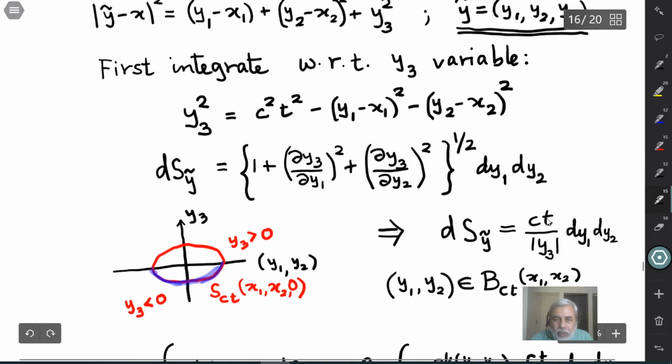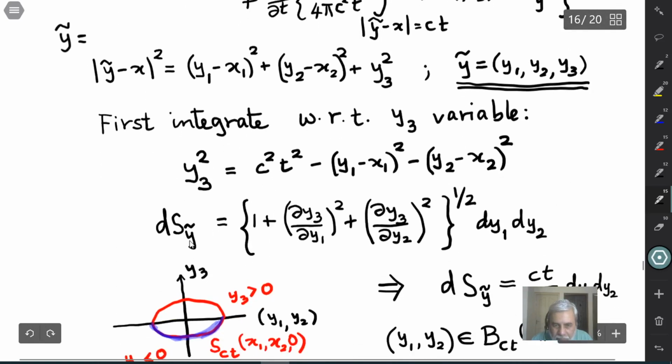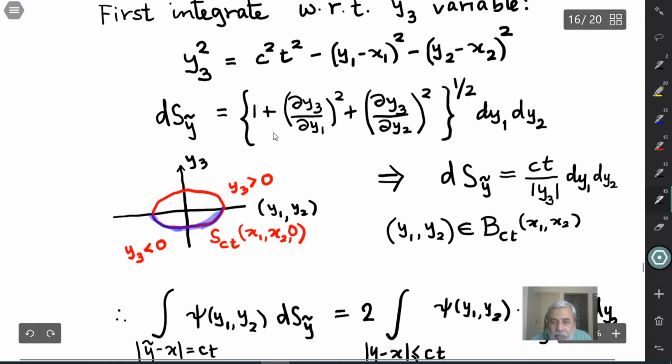So how do you compute this surface measure? The surface measure is simply this formula. So that's a double integral. If you simplify this, using this expression for y3 square, you compute del y3 by del y1 and del y3 by del y2 and do some simplification.